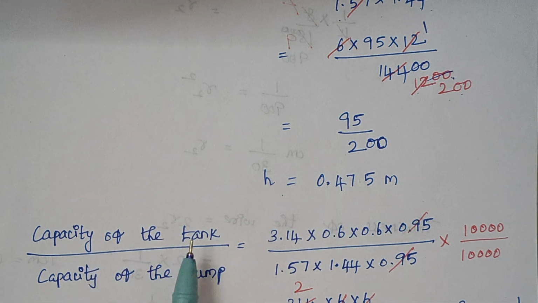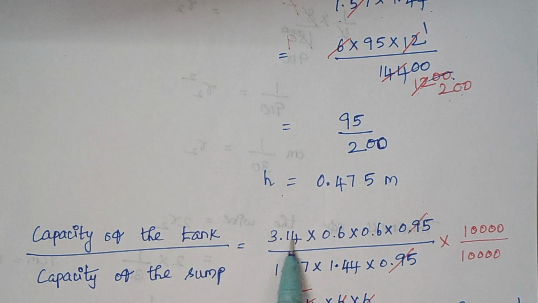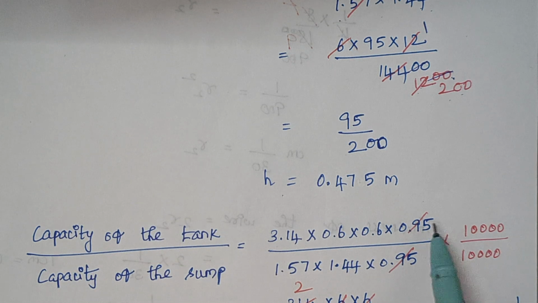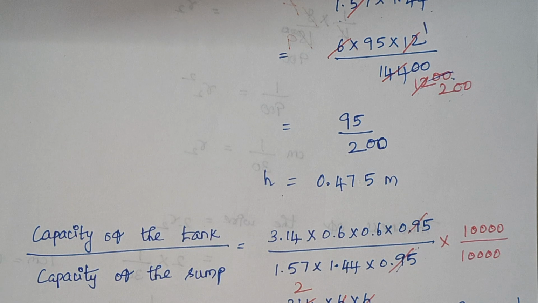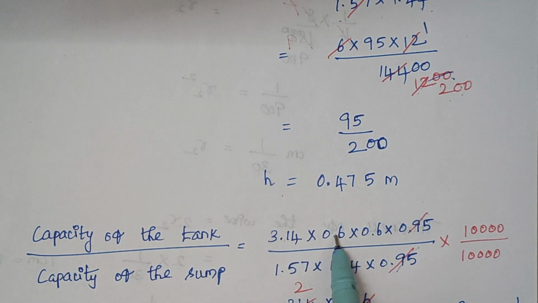Capacity of the tank is nothing but the volume of the cylinder, so just write down the value. And capacity of the sump is nothing but the volume of the cuboid, so just write down the values. Again you see these two terms cancel each other, and in order to remove the decimal points, I am multiplying by 10,000, because you see here after this point 2 digits and after this dot 1 digit, after this dot 1 digit.